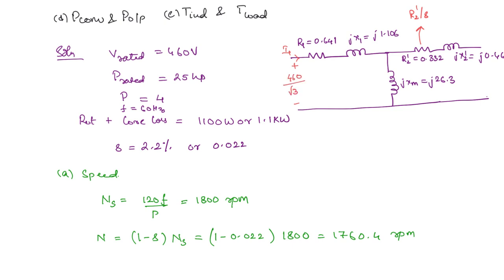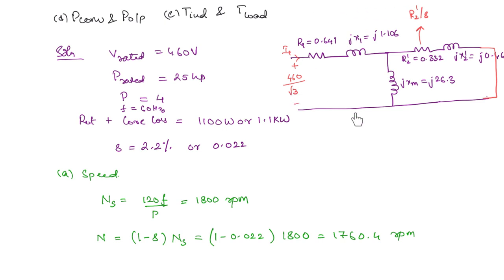This will give you the per phase voltage. Another thing you can see here is that the rotor conductors are short circuited, because in the machine we are shorting out the rotor conductor bars.